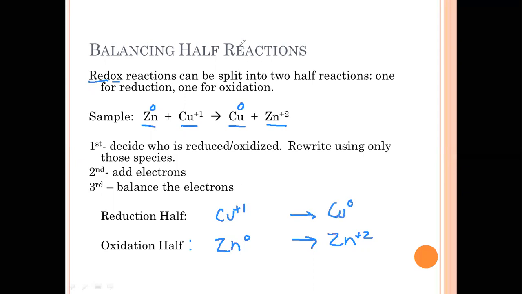Okay, so we know that in redox reactions, electrons are either gained or lost. So in reduction, electrons are gained. In oxidation, electrons are lost. I'm not even going to worry about that because that tends to confuse people. I'm going to add electrons to the side with the higher charge.